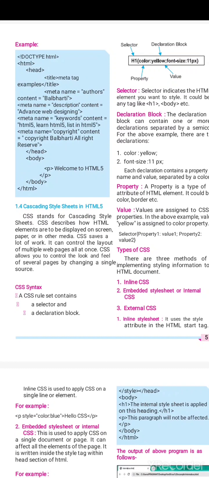It allows us to merge multiple effects within a single selector, that is nothing but any HTML tag, and it describes how HTML elements are to be displayed on a screen with its effects.